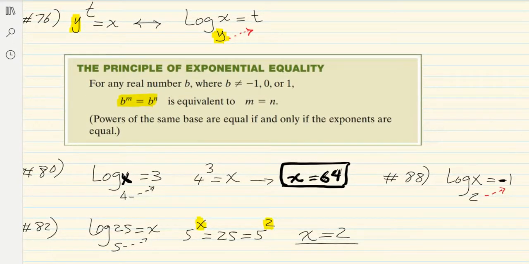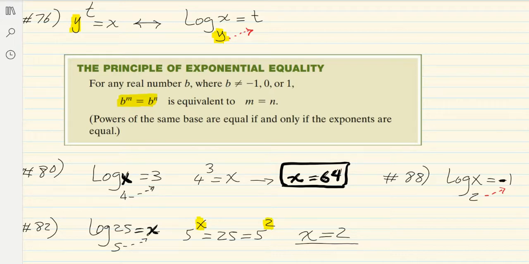The next exercise, number 82. Log base 5 of 25 equals x. The way I pick these exercises, I'm trying to pick them so that x appears on different sides and different portions of the logarithms. So in number 80 and 88, x was the argument. In number 82, x is actually the answer.